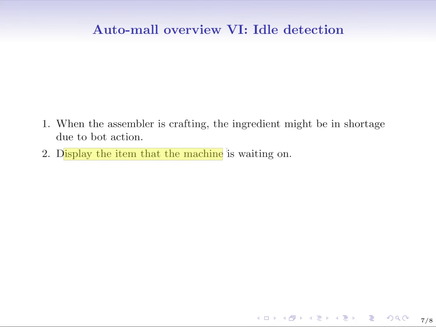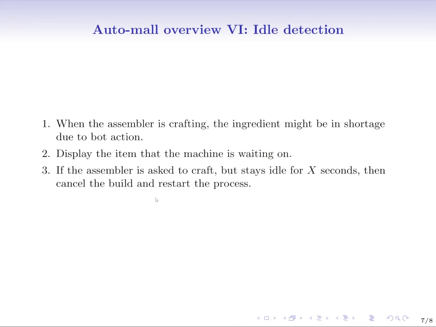So in that case, we want to display the item that the machine is waiting on and have a timer set such that if the machine is idle for X amount of seconds, then we cancel this build and restart the process. And we don't want to set X to be too small because we want to account for the amount of time that the bot flies from storage to the requester chest.